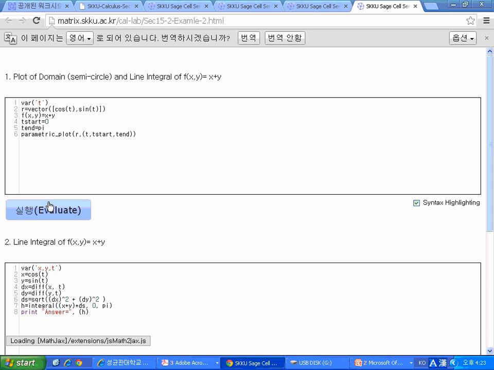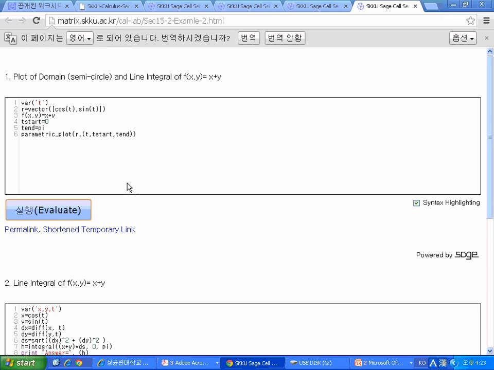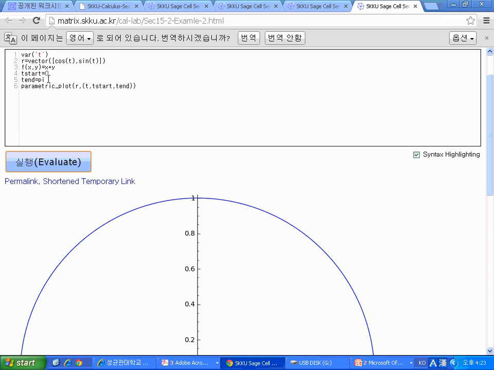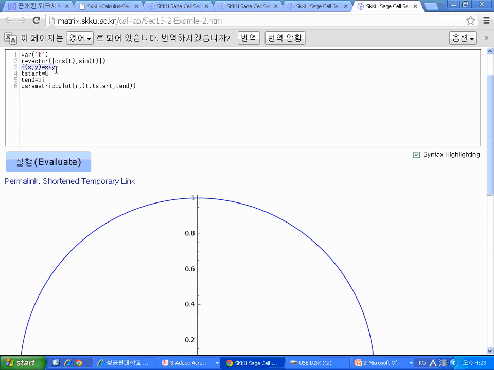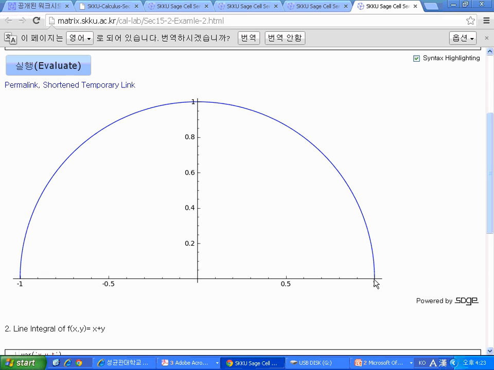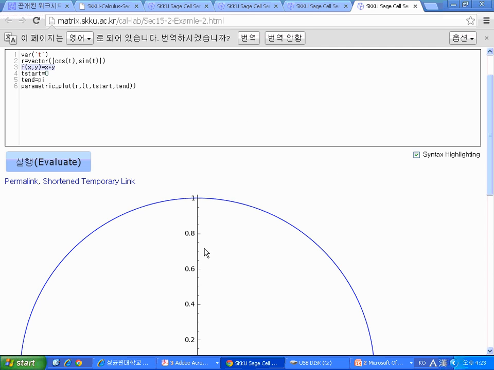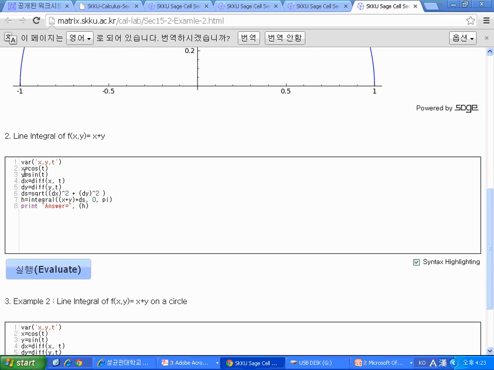That can be shown here. We have a unit circle first, and we want to integrate the function x plus y on this circle, from here to here. Here are cosine t and sine t.